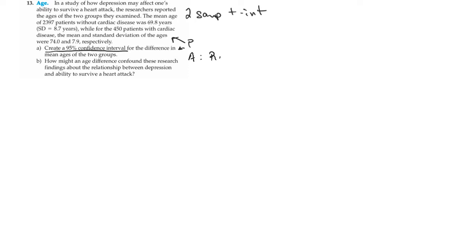A, so we have random sample. It doesn't say random, so we're going to assume that these are just representative of the population. Representative of the population. Randomness. Independence.